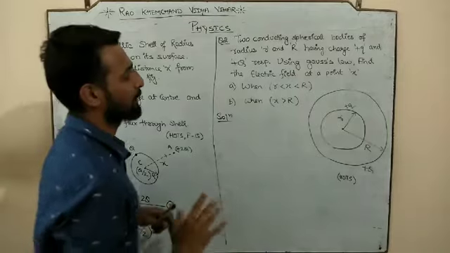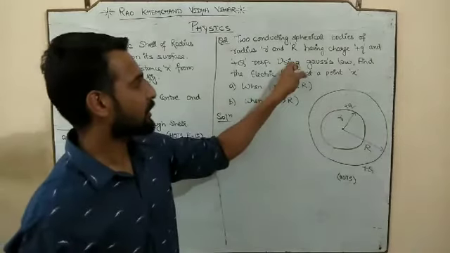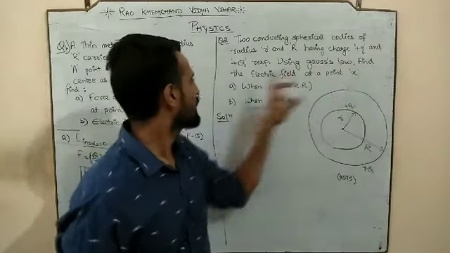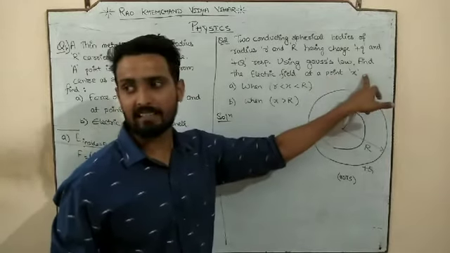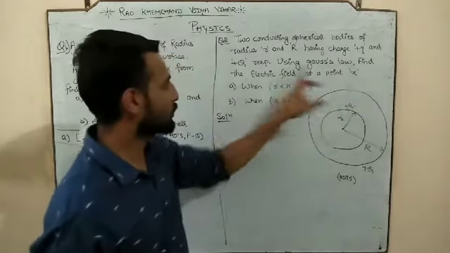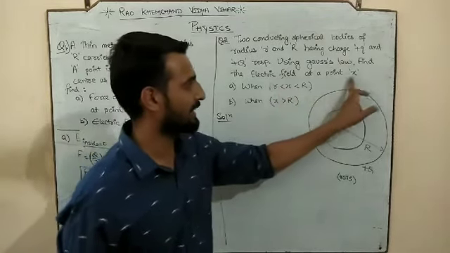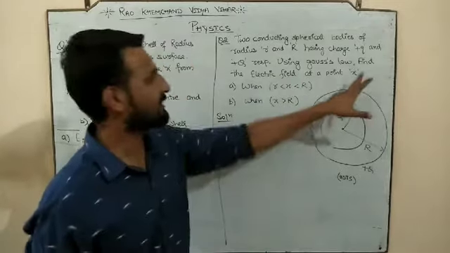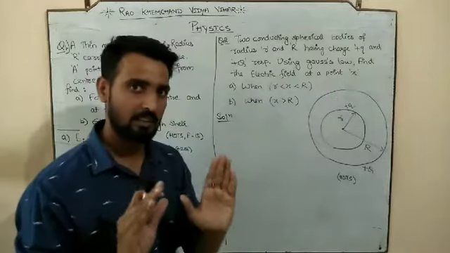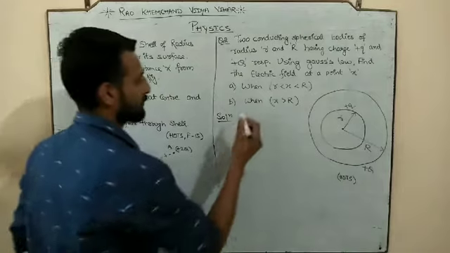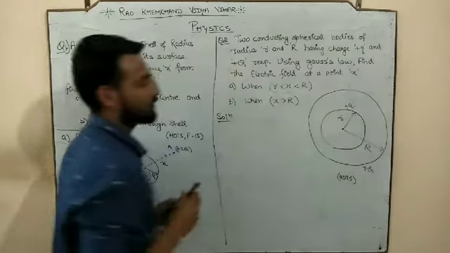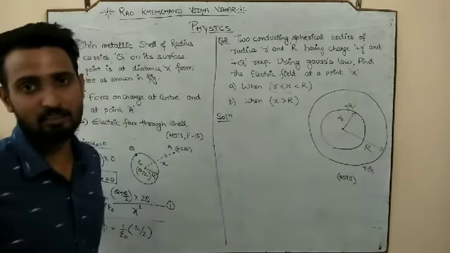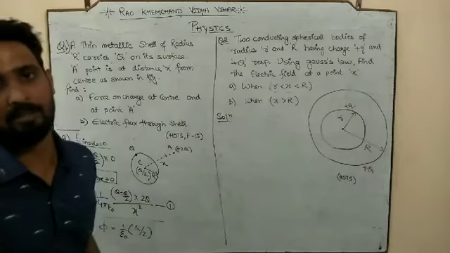The question is simple. Using Gauss's law, find the electric field at a point which is at a distance of x. But where is that x? The first condition is x should be greater than small r and less than capital R.